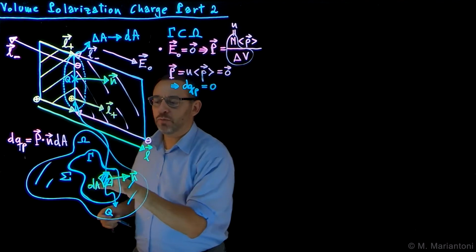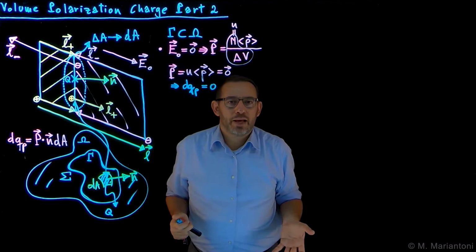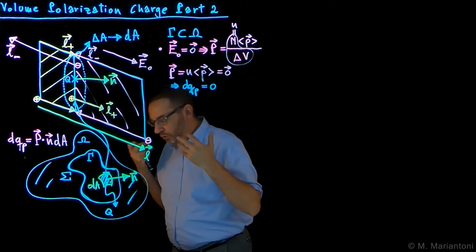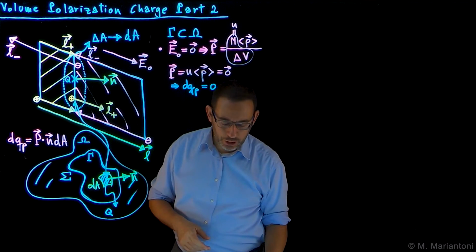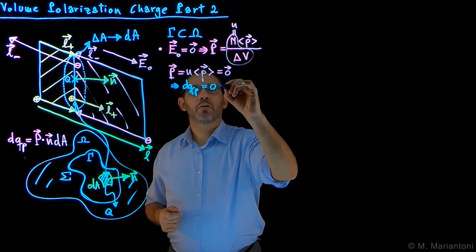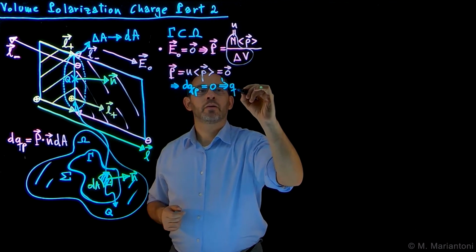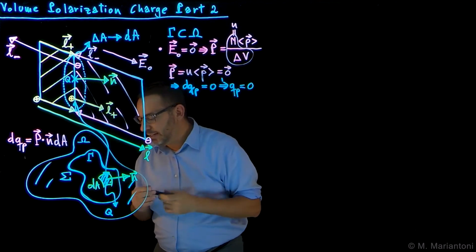Since this is true for each of these areas dA, it is true for the entire surface sigma. I don't polarize the system, so of course no charge enters this capital sigma, which should also be qualitatively quite clear. This simply means that the entire charge Qp, since Qp is 0, when I integrate, the entire charge Qp integrated is also equal to 0. I don't need to perform the integral because each of them is 0.